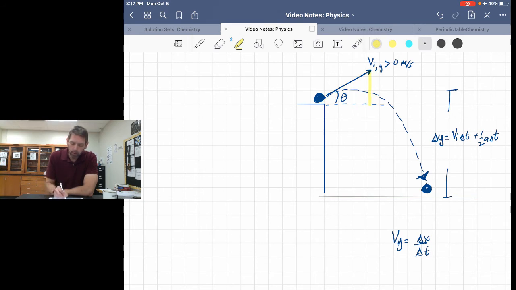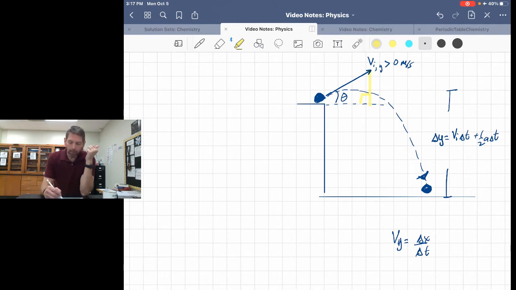If you look at your triangle, the side that is opposite of theta, the y, that's a sine function.